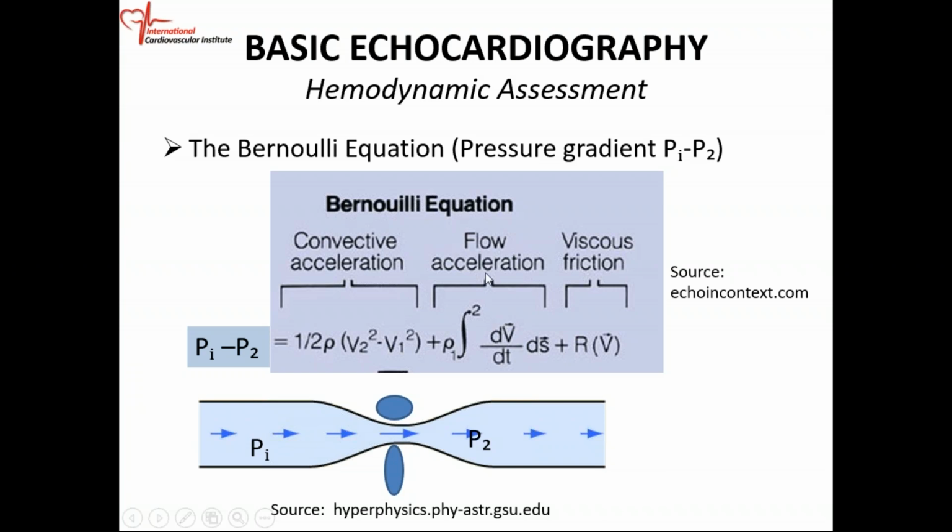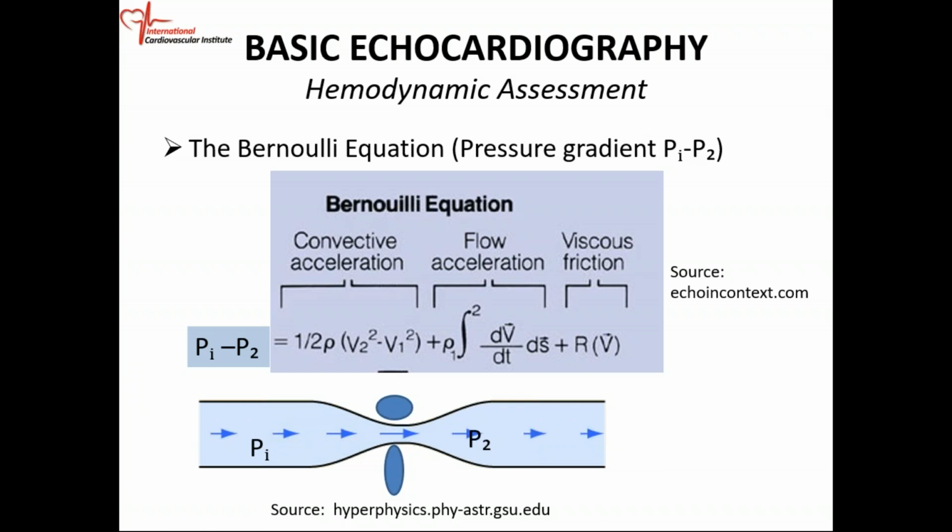So this is the flow acceleration. Okay, and you know that the change in velocity with respect to time is acceleration. You know that. So you're just going to integrate the acceleration from point 1 to point 2. Okay, so this is your flow acceleration, and then the viscous friction is R times the velocity. R is your resistance. So this is the viscous friction.